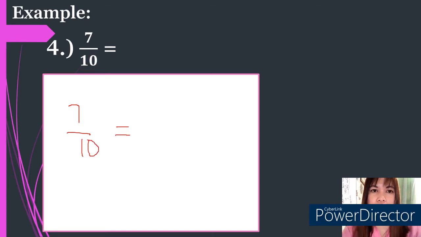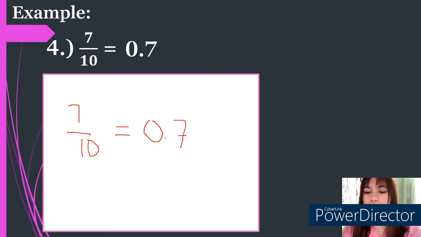So, we have 0, then the decimal point, to separate the decimal part from the whole number part. So, we have 0, and then 7. It's that simple. So, this 0 is your ones, and 7 is your tenths. So, changing the fraction 7 tenths to decimal, we have 0.7 or 7 tenths.